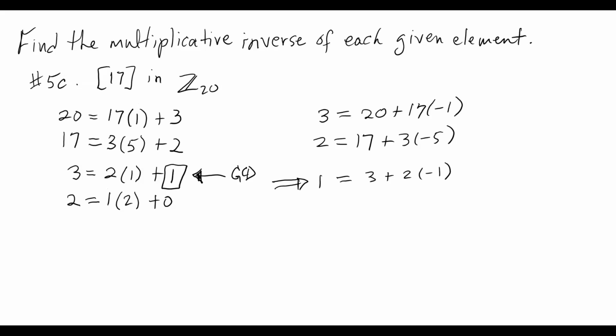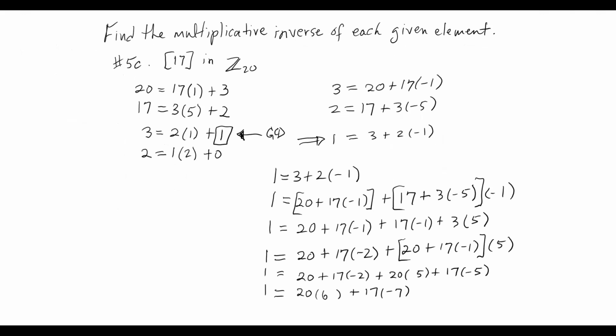I have now solved each of these equations for the given remainder. Now I've rewritten the GCD 1 as a linear combination of 20 and 17.